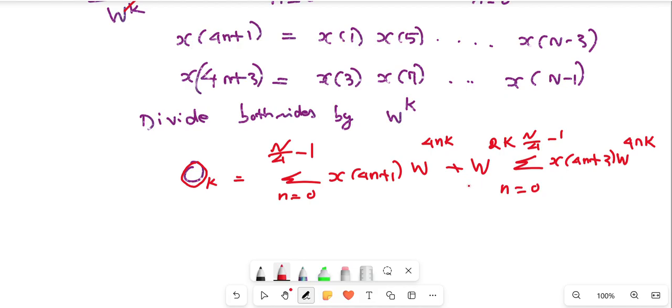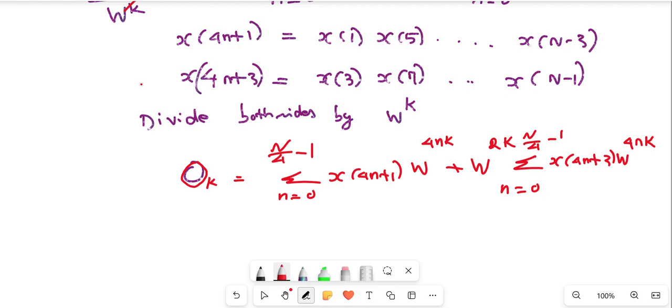So like this you can decompose. This is actually the even of the original odd sequence, then the odd of the original odd sequence. This is the even of the original odd, this is the odd of the original odd sequence. So if you draw the structure, the butterfly, the input pair and the output pair you can write.